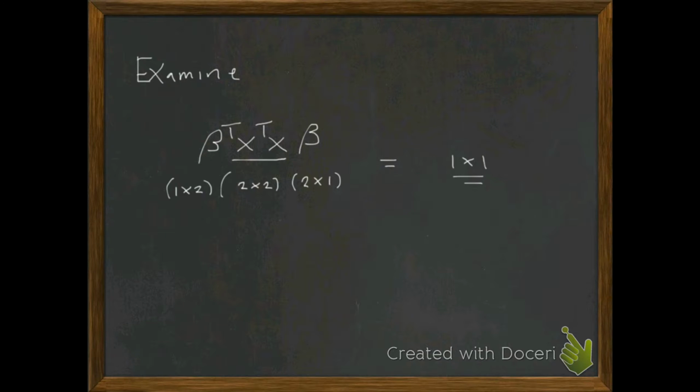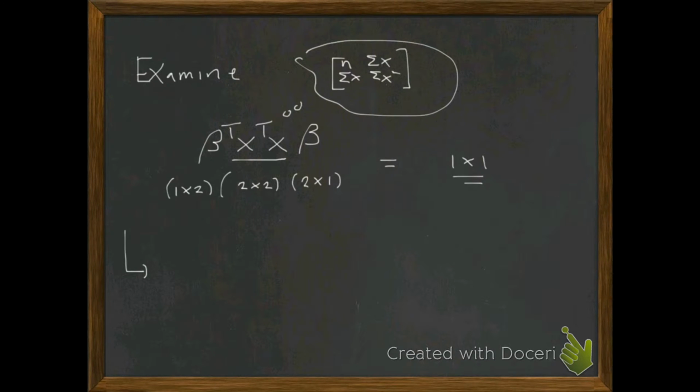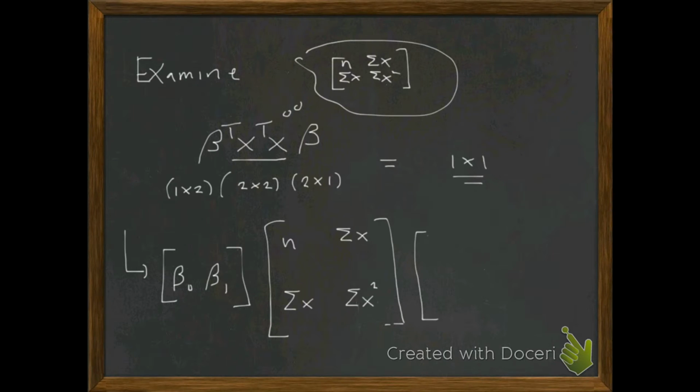Now, gang, you should know that X transpose X is the matrix that we talked about earlier. So letting all this play its way out, we know beta transpose would be this, and X transpose X is going to be this, and of course beta is going to be this.